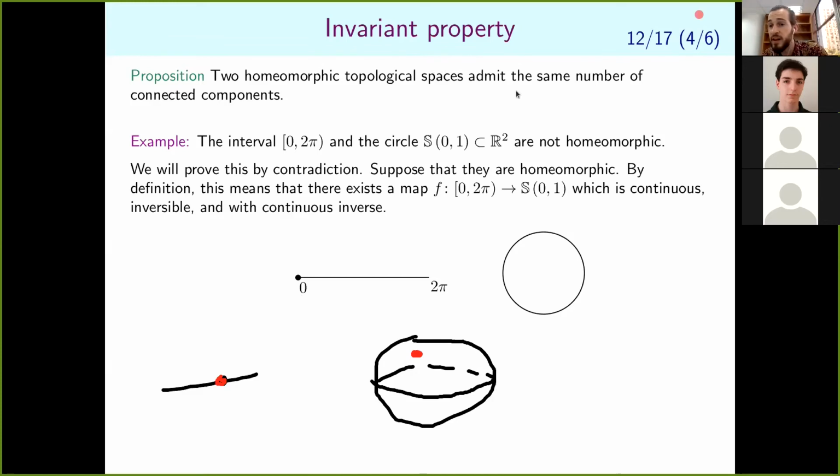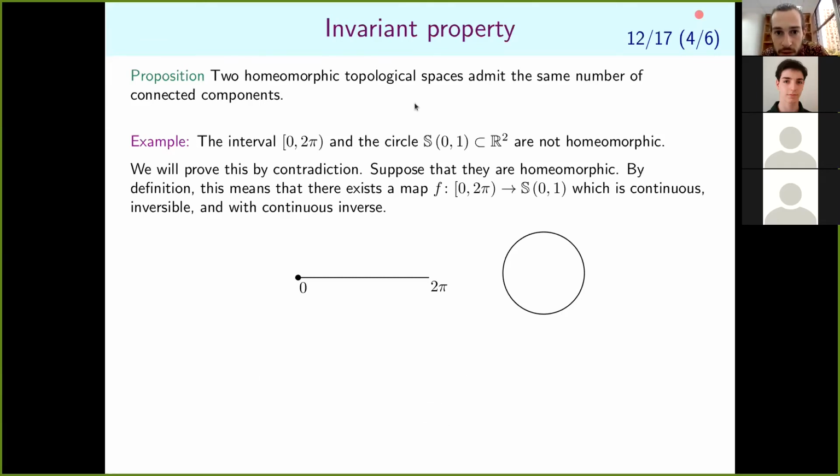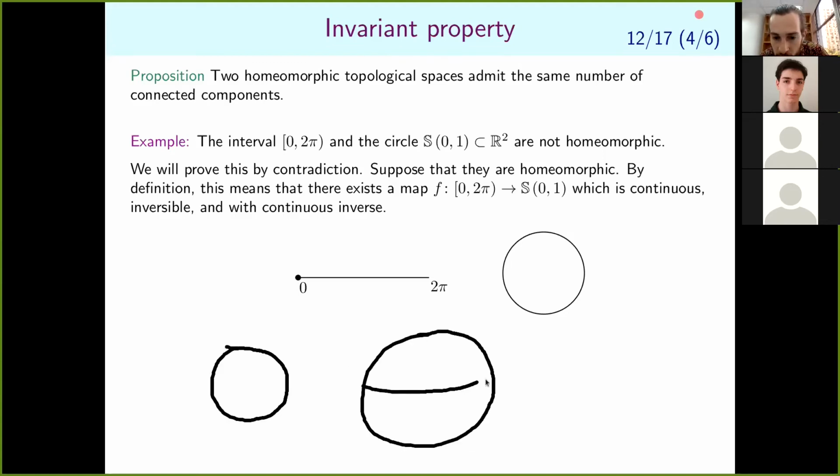Now, say that I want to prove that the circle is not homeomorphic to the sphere. I will do the same. This is a circle. This is a two-dimensional sphere. I suppose that they are homeomorphic. I remove a point of the circle.